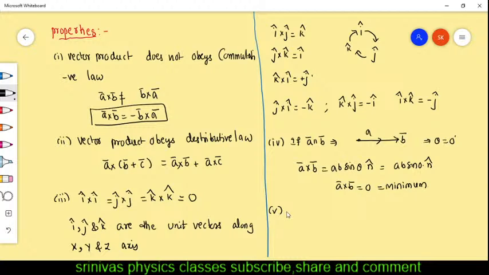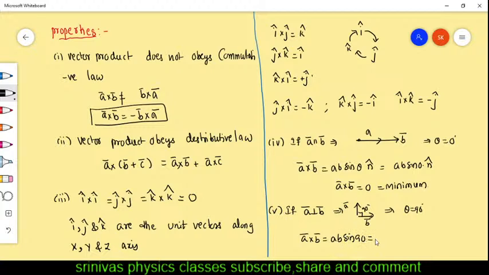And now, if a bar is perpendicular to b bar, then a bar is like this, and the b bar is like this. The angle between the a bar and b bar is 90 degrees. At this moment, theta will become 90 degrees. A bar cross b bar formula is AB sin theta.